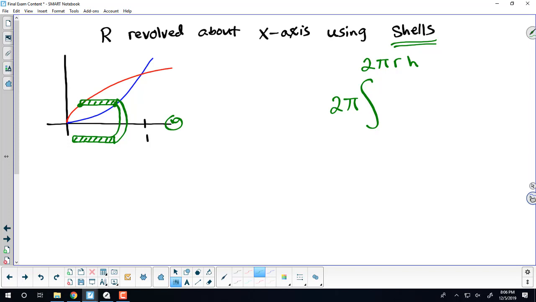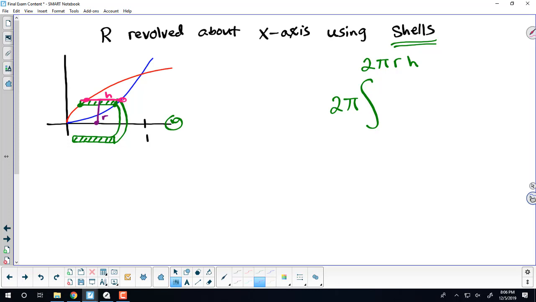The radius of that shell is determined by the distance from your slice to the axis of revolution. That's the radius of the shell. The height of the shell in this view is this dimension here. This is the height of the shell.